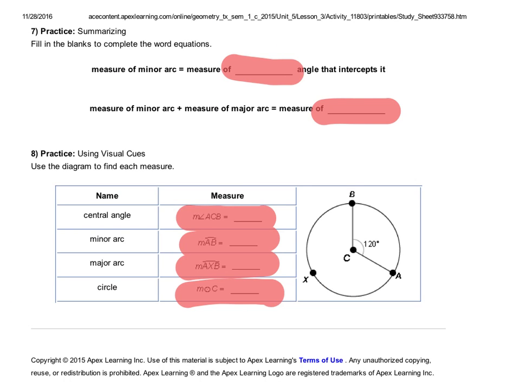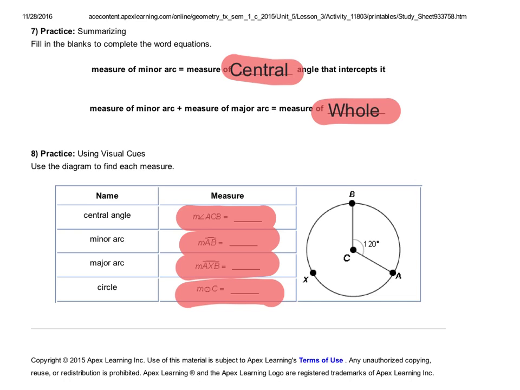The measure of a minor arc is always going to be equal to the measure of the central angle every single time. All right, and the measure of the minor arc plus the measure of the major arc will always equal the measure of the whole circle. Should be 360 degrees. All right, let's do a practice one.